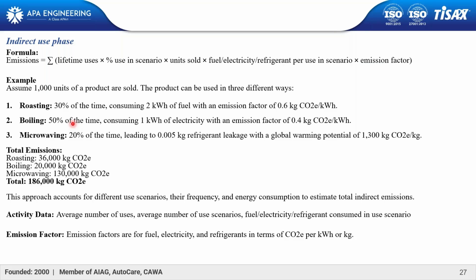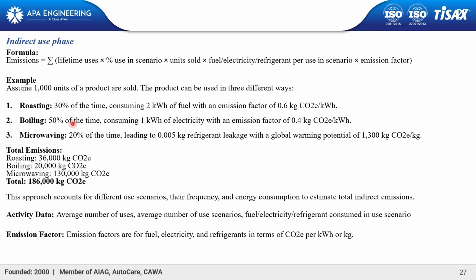Or if the food product is microwaved 20% of the time, leading to 0.05 kgs of refrigerant leakage and a global warming potential of 1300 kgs of carbon dioxide emitted. The addition of these three scenarios will give us the total carbon dioxide emissions in the indirect use phase of this product.